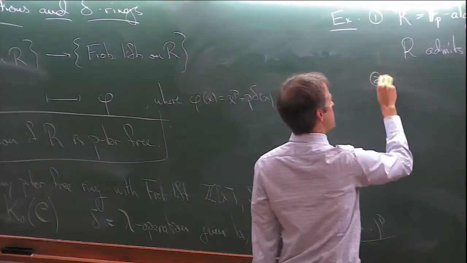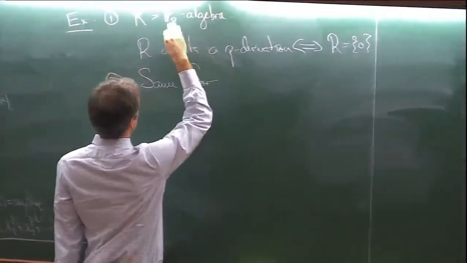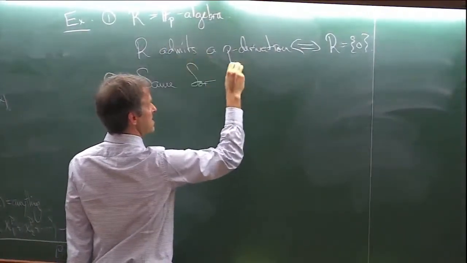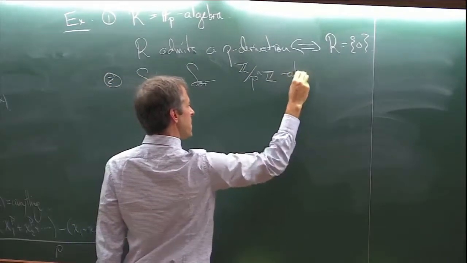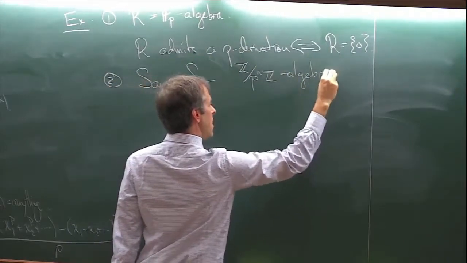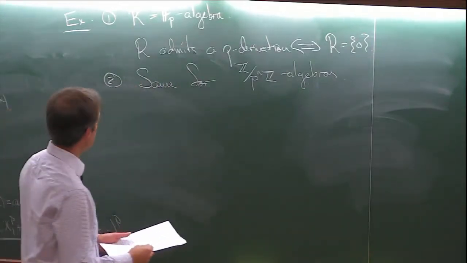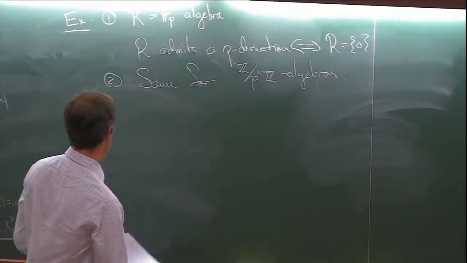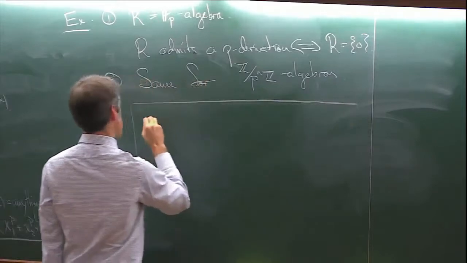And in fact, the same is true, all you actually need, you don't need that p is zero, you just need that it's nilpotent, for any algebras over Z mod p to the n. It's kind of the same proof. Okay. So that finishes the first part of this talk.